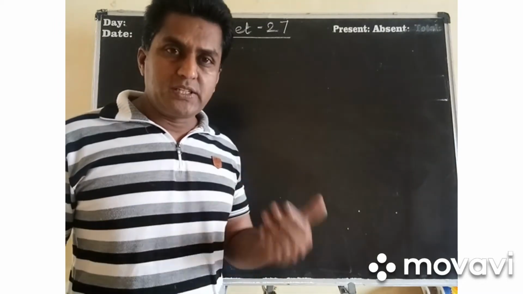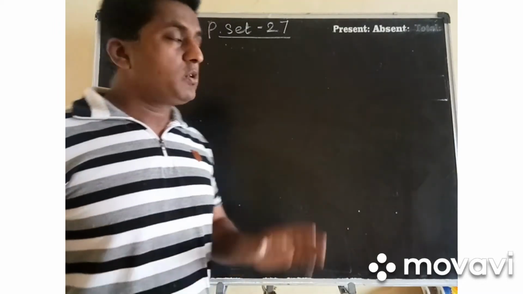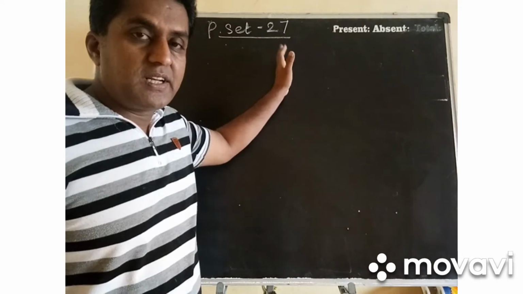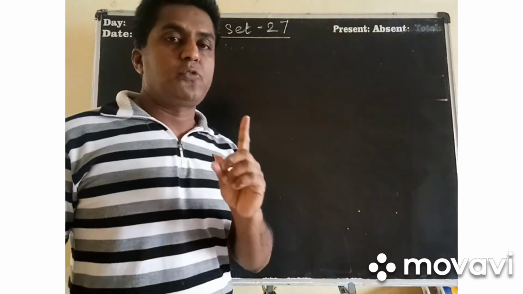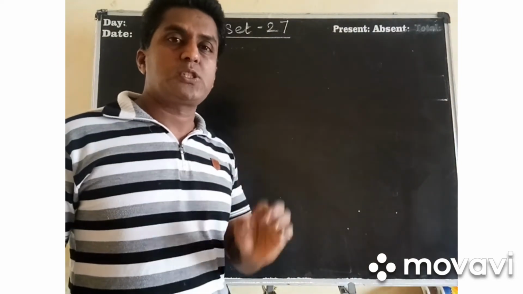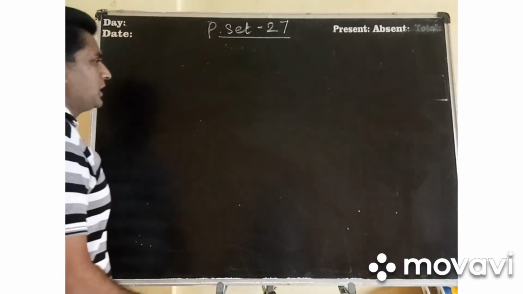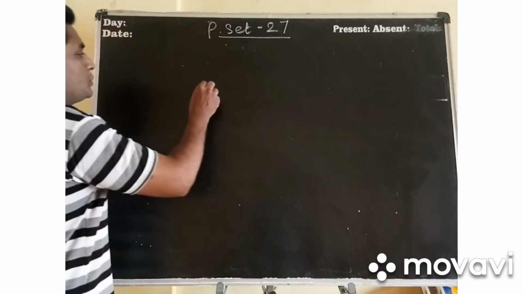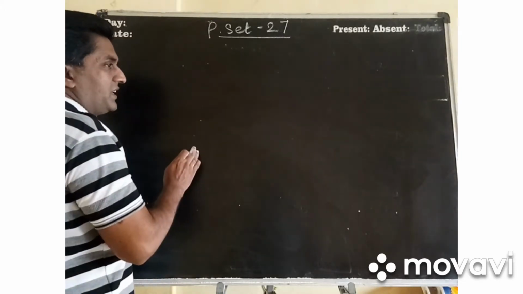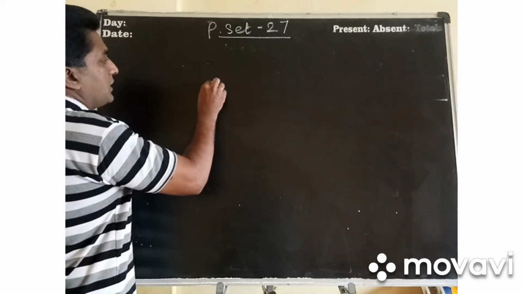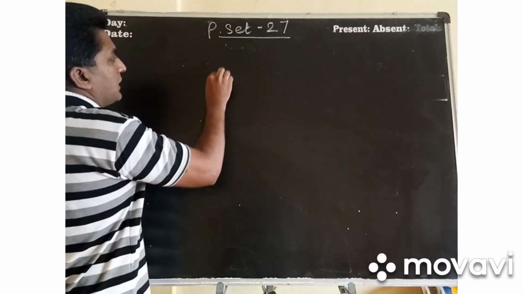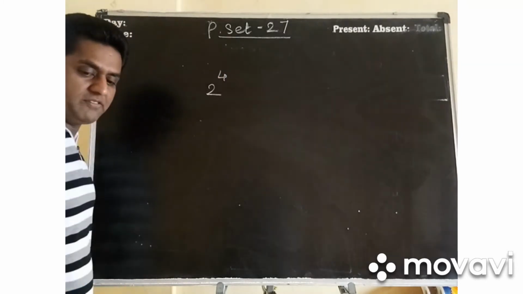So children, after practice set 26, before starting practice set 27, I need to explain to you the first rule of indices, which you must know very properly. Ready everybody? The first rule. What is that first rule? See, if I have two numbers in the form of indices, I will say 2 raised to 4, right everybody?